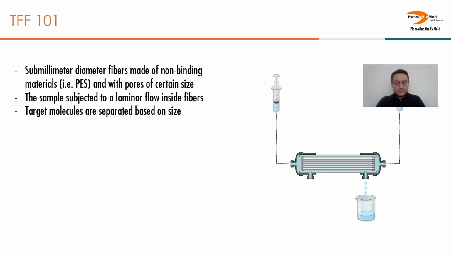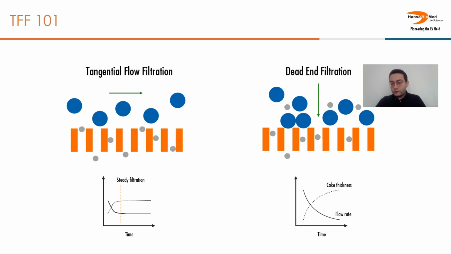So in a sense, it is an ultrafiltration method, but what makes it different or more advantageous than dead-end filtration? In dead-end filtration, there is the well-known phenomenon of cake formation, which is basically particles larger than the pore size of the filter accumulating on top of the pores over time.